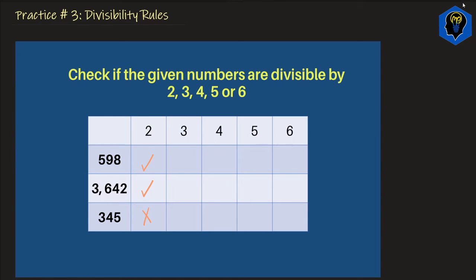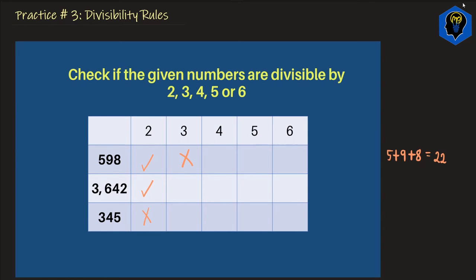So, in this case, we have 5 plus 9 plus 8. So, what's the value? That would be 5 plus 9 is 14. And plus 8 is 22. Is 22 divisible by 3? No. Therefore, 598 is not divisible by 3.